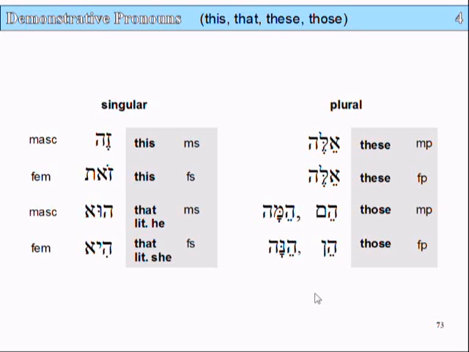So that's what we call demonstrative pronouns. It's just a fancy way of saying these words here: this, that, these, and those. And in Hebrew it's zay, zot, hu, hi, eleh, hem, hema, hen, and hena.